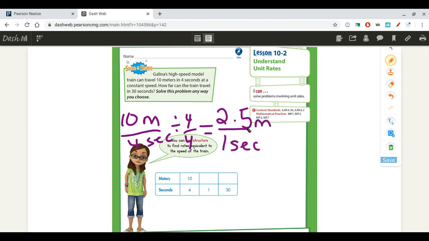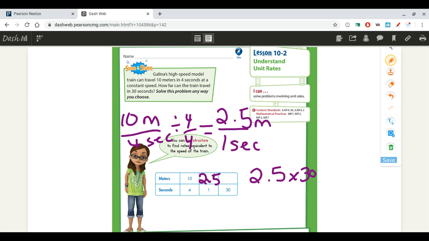And so when I get 2.5 meters for 1 second, let me put that in my box. Okay, so I have 2.5 meters for 1 second. To find 30 seconds, what I would do is I would now take my unit rate, which is 2.5 meters per second, and I would multiply that by 30.